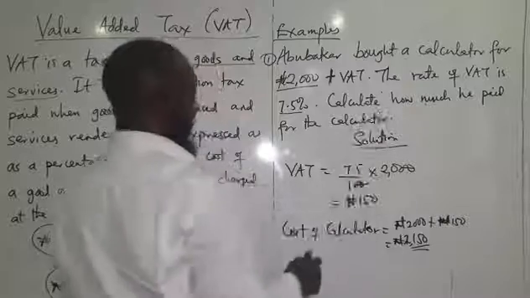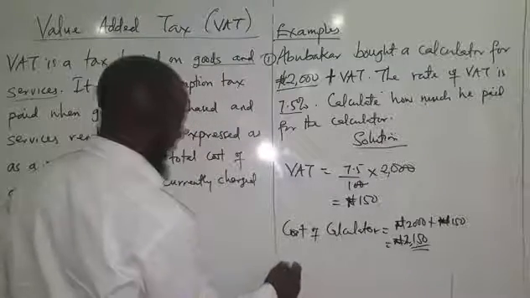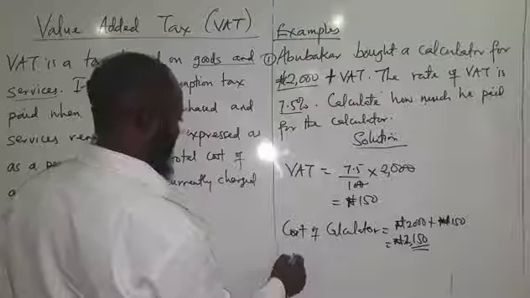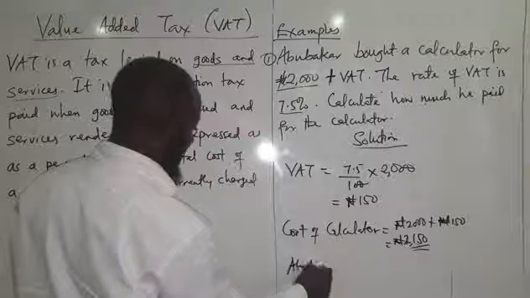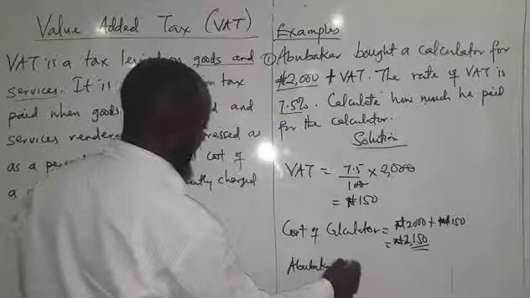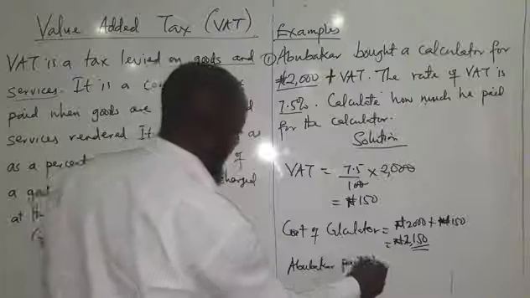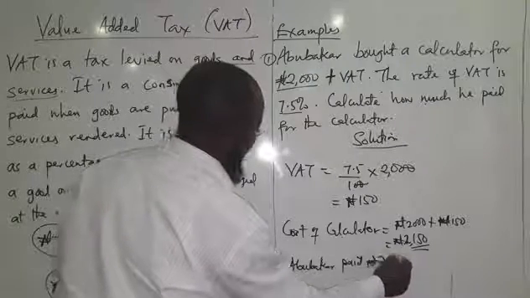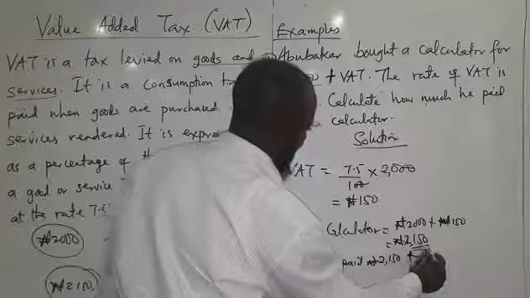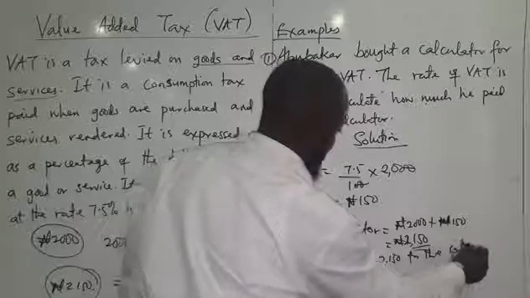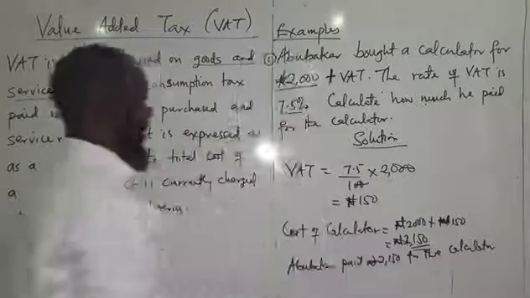So how much did he pay? Abubakar paid 2,150 naira for the calculator. So that's the first example that we have on it.